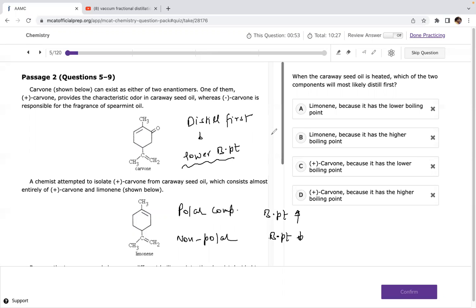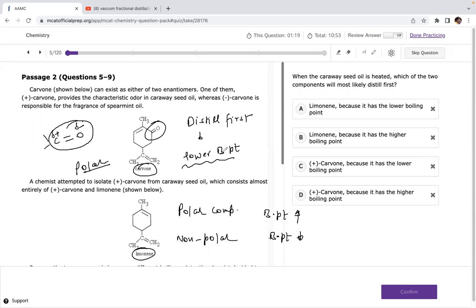If you look at both of these components, carvone and limonene, here you have a C=O center. So C=O is always a polar bond because oxygen is more electronegative and carbon is less. So due to the presence of this polar group, carvone is a polar compound. And if it is a polar compound, it means the boiling point is high.